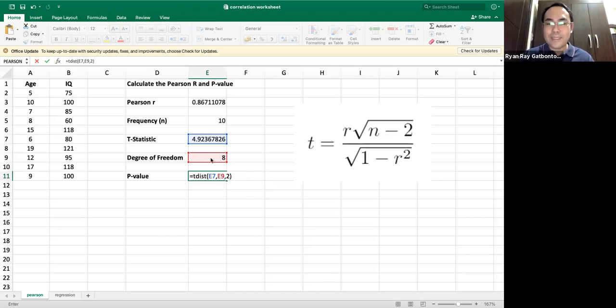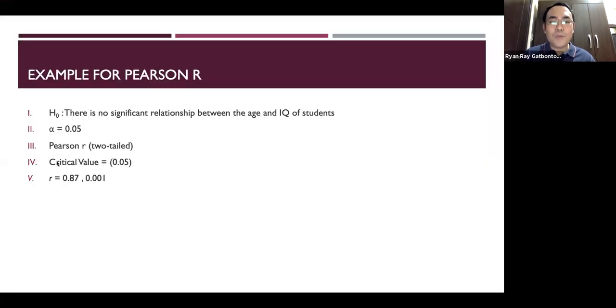Then close parentheses and press enter. You will get a value of 0.001. That's why we arrive at an R value of 0.87 and a p-value of 0.001.